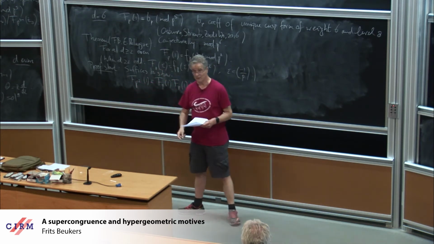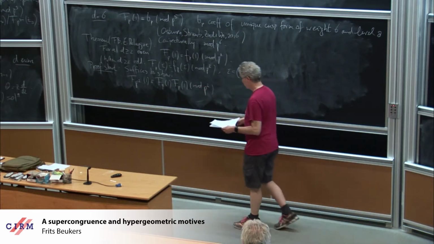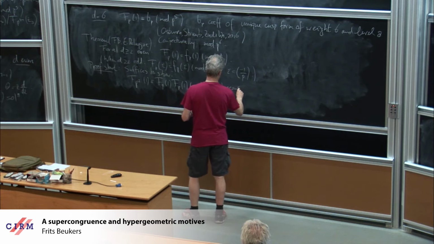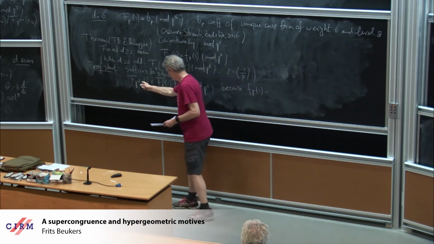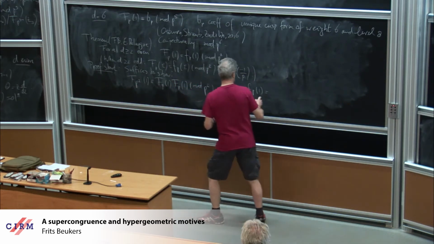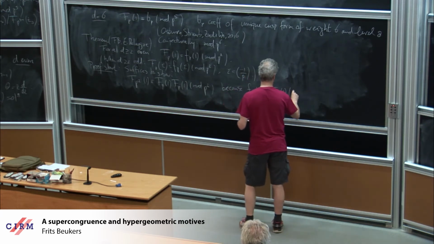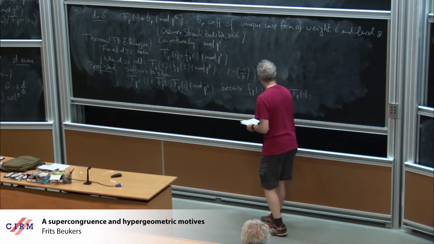So the little mysterious fp has disappeared entirely. Nevertheless, this is of course sufficient because we know that our unit root is actually the quotient of this one and this one. So fp1 is basically fp squared in this way. And this is of course all mod p squared.